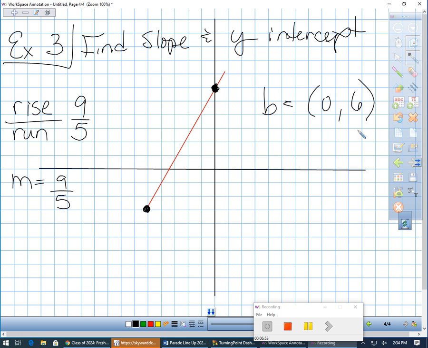All right. What question did you have, Steph? Oh, to find my b, start at the origin. Okay, and I just counted up to where it crosses the y-axis. All right. Here we go.